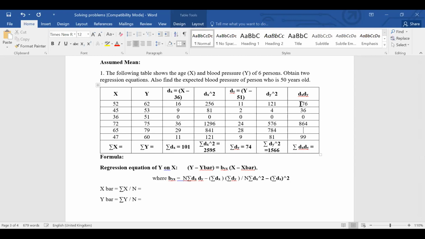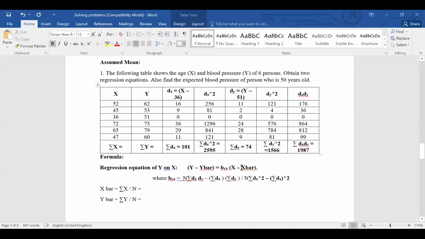And 29 into 28, 812. Okay. Now what is the summation of dx dy? 1987. Okay. Now tell me the summation x and summation y, because we need to substitute in the formula.